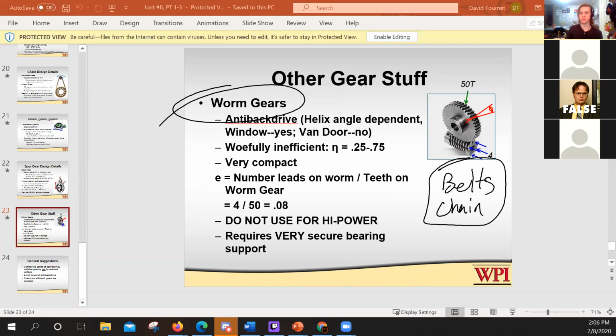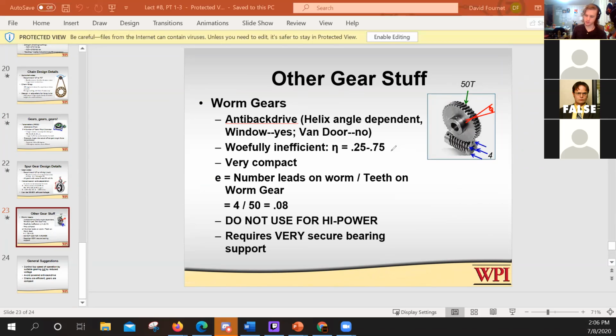They're all very similar to spur gears, which are the gears that you're used to, but they work very slightly differently for each of them. You can actually see a little bit about worm gears here. Basically, they don't back drive. That's nice. They're compact because they're small. This is a worm gear, by the way.